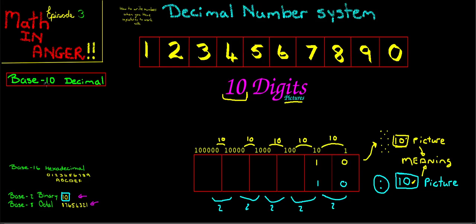And here with the decimal number system, we also say it is the base 10 number system. And there, with the binary system, it is the base 2 number system. That base tells you how many pictures you have to work with in order to represent a value.